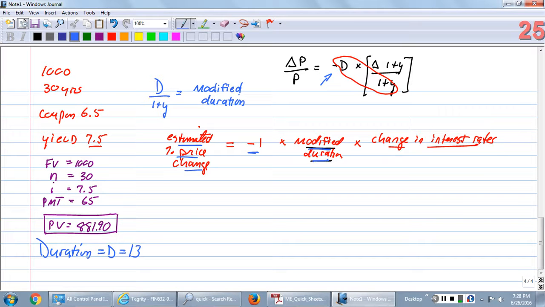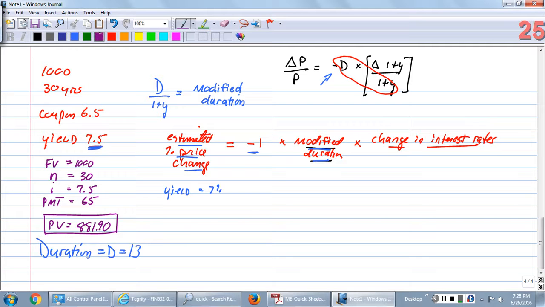So the first thing, let's assume that the yield is now equal to 7%. The yield on our bond was 7.5. So now I'm going to assume that interest rates go down by 0.5%.